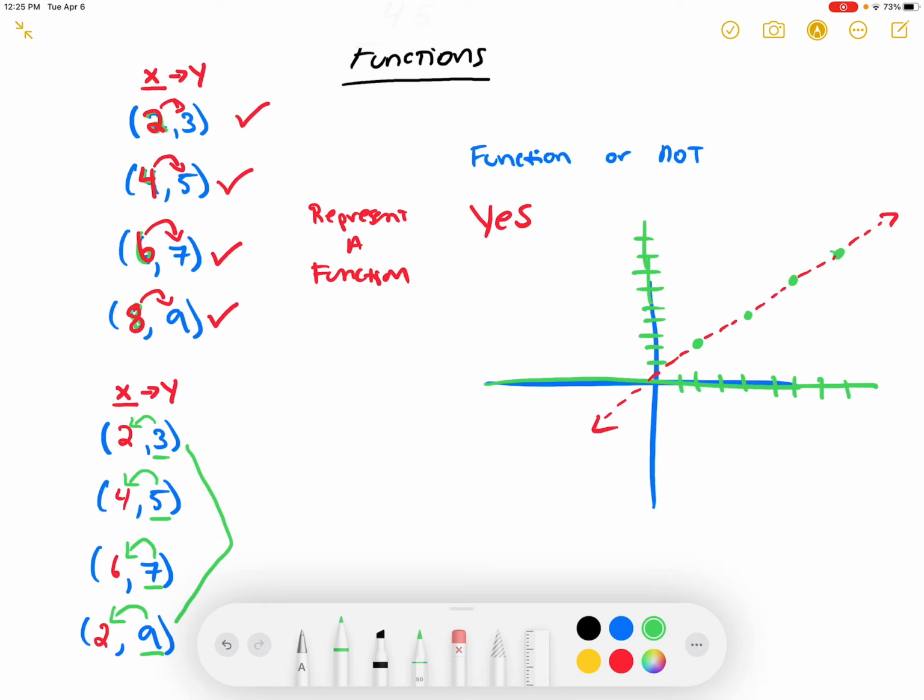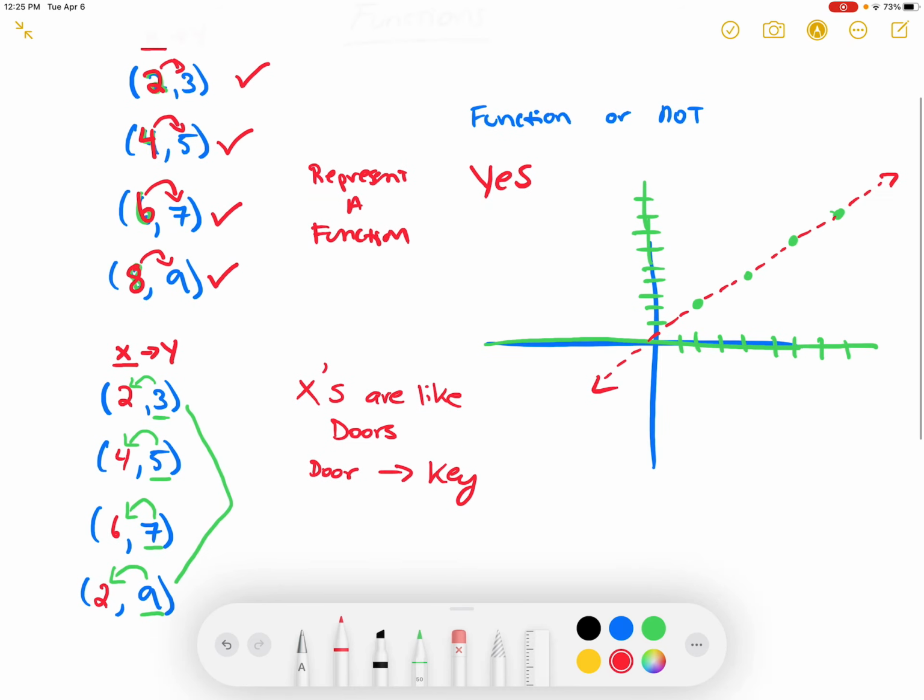If you really wanted to think about it, you can think of the x's conceptually, I guess for today, like doors. Each door only has one key.